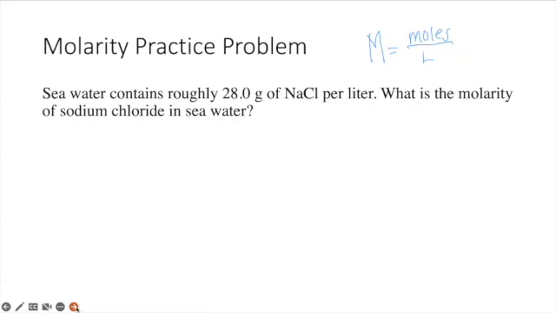What is the molarity of sodium chloride in seawater? So I have grams and I know I have 1 liter. So I have my bottom part. I don't know how many moles, but I do know I have 1 liter.